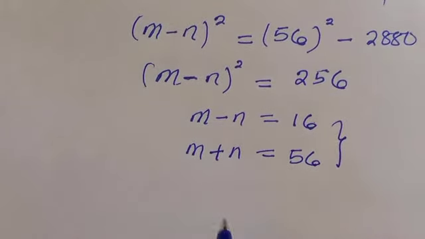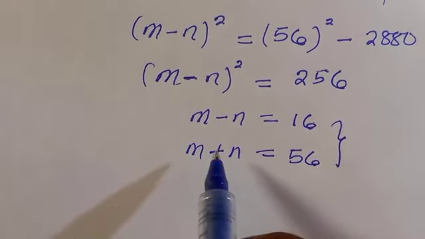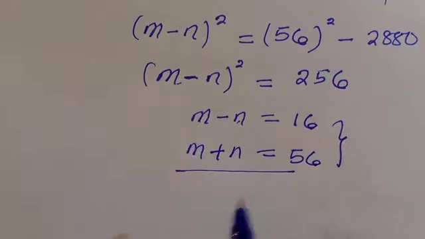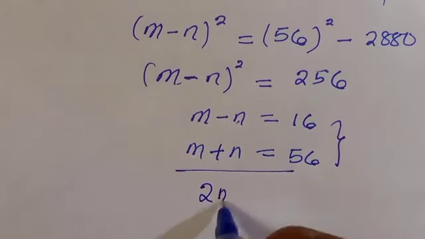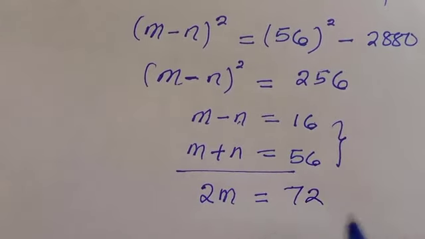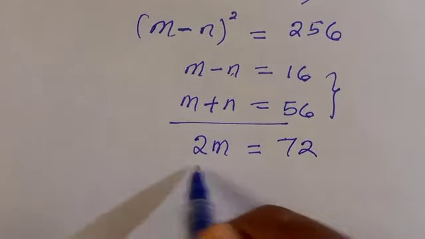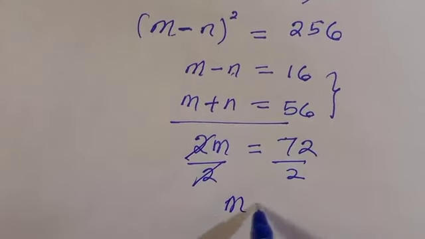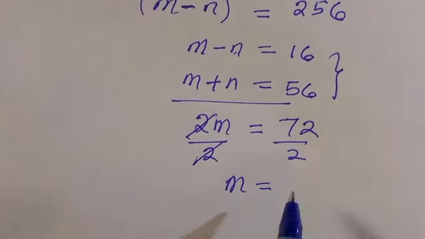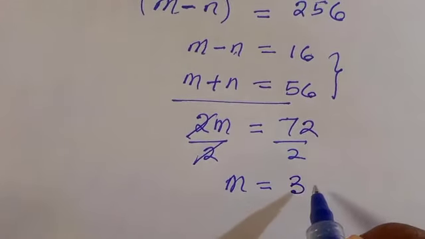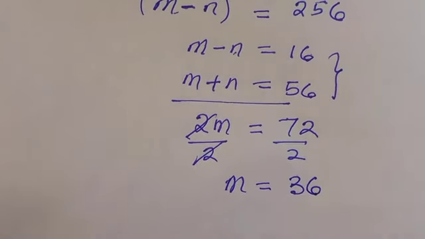To get the value of m, by adding them together, this cancels, and 2m equals 72. Dividing both sides by 2, m equals 36.